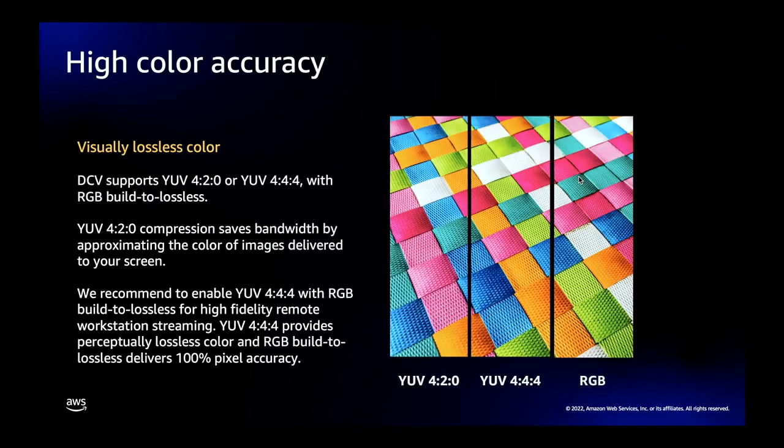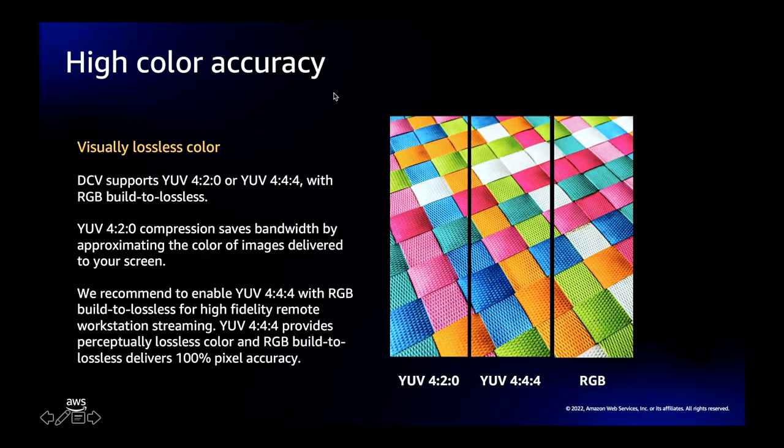Okay, let's talk about DCV features. In the last couple of years, we have really heavily invested in features for M&E customers in general, including high color accuracy. DCV supports both YUV 420 or YUV 444 with the RGB build to lossless.